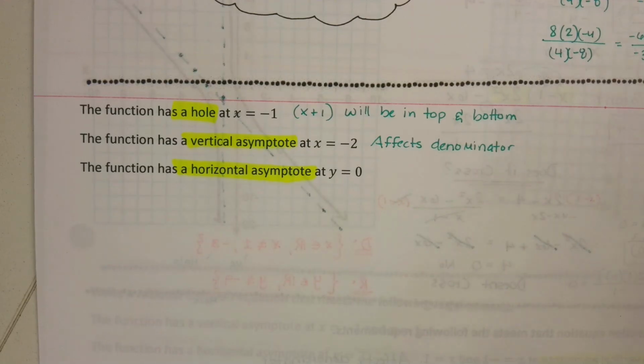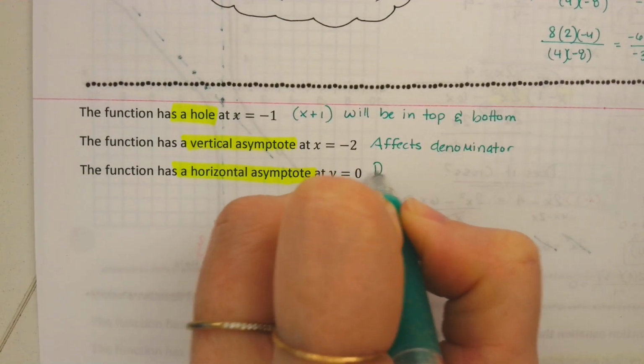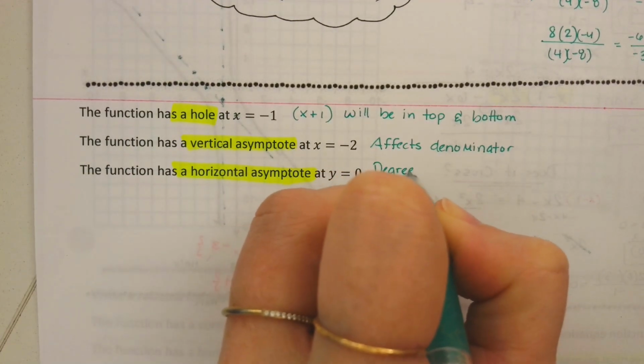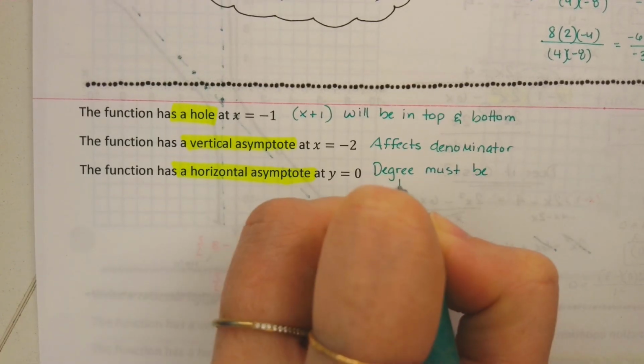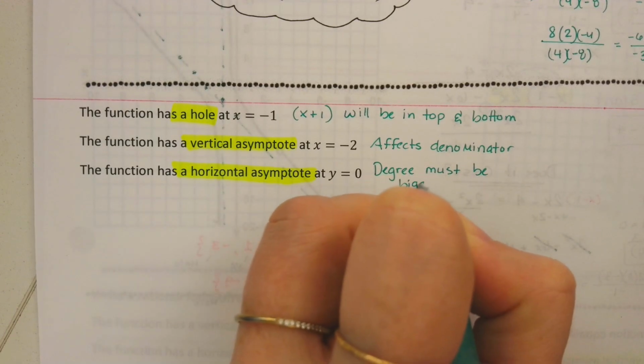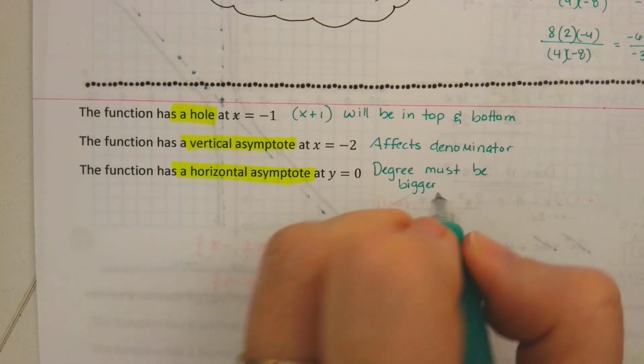Which one will give you 0? It needs to be bigger on the bottom. Yes, right. Degree must be bigger on bottom. It doesn't say anything about the x-intercepts, it didn't say anything about a y-intercept, so those don't matter.